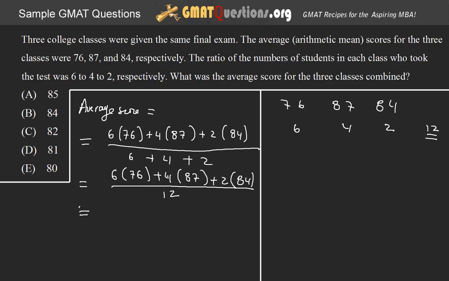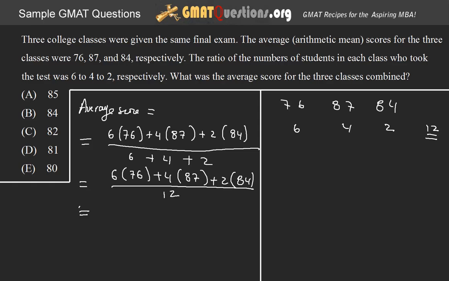We know that this number is going to be divisible by 12. If you look at the answer choices, we don't have a decimal. So this number on top is going to be a multiple of 12. So I like to extract 12 from each of these numbers and simplify the 12. You have a 6 here. In order to get a 12, you need another 2.